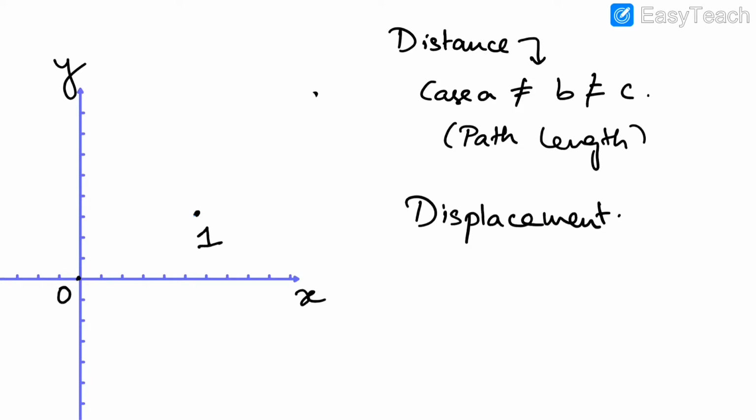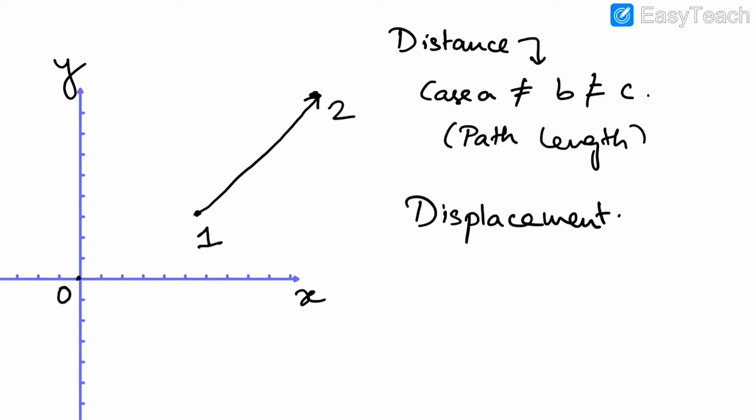Okay, so this is point 1, this is point 2. The displacement will be given by the straight line joining point 1 to point 2. This is the displacement. No other undulations, no path length, only the straight line connecting point 1 to point 2 is the magnitude of displacement.